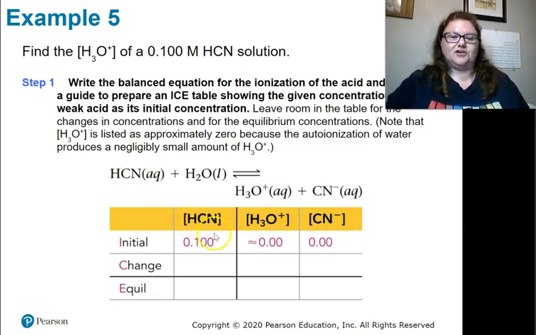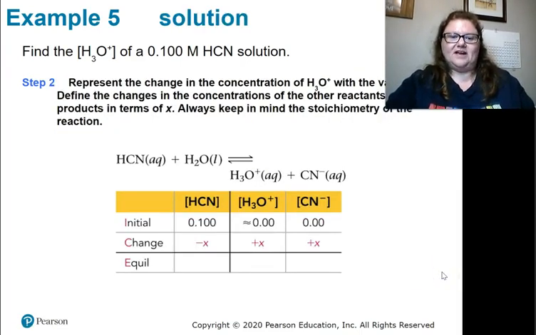And so our initial is 0.1, that was given. Our hydronium is virtually nothing because with a weak acid, very few of those acid molecules break apart to make hydronium. So we could say it's 0, and the cyanide 0. Okay, change is done the same way as last chapter with just an X for right now as a placeholder.